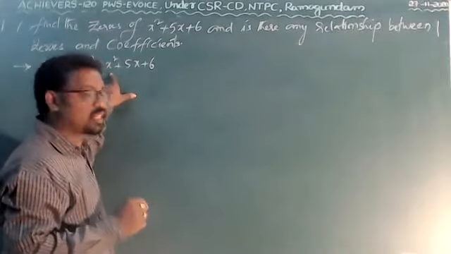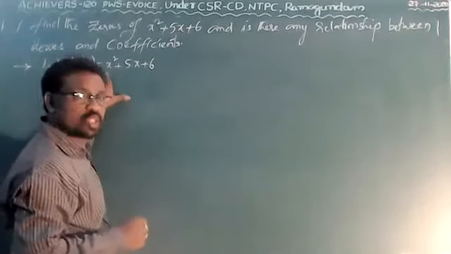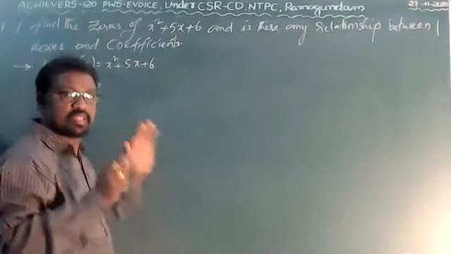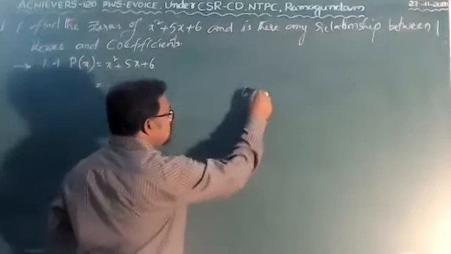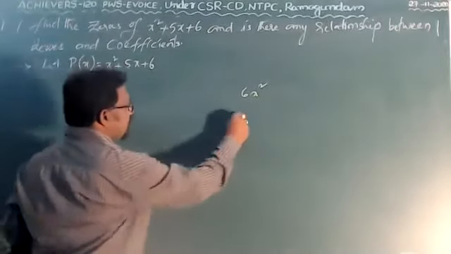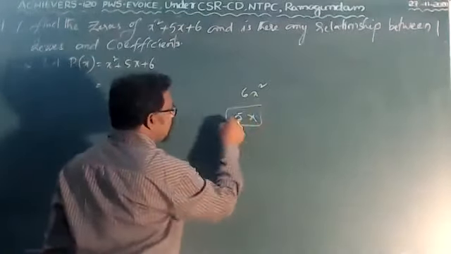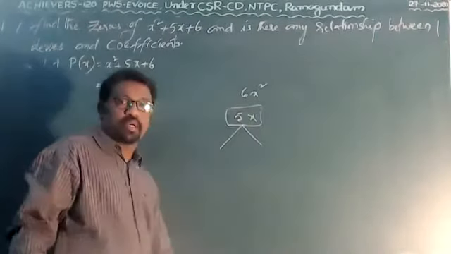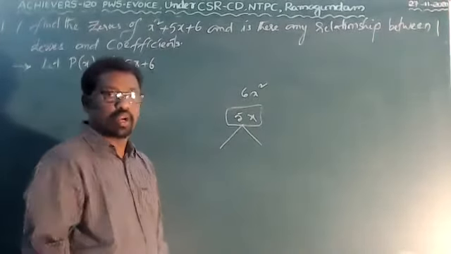First multiply the constant term into x square, 6x square. Now take 5x. This 5x you have to split into two terms.